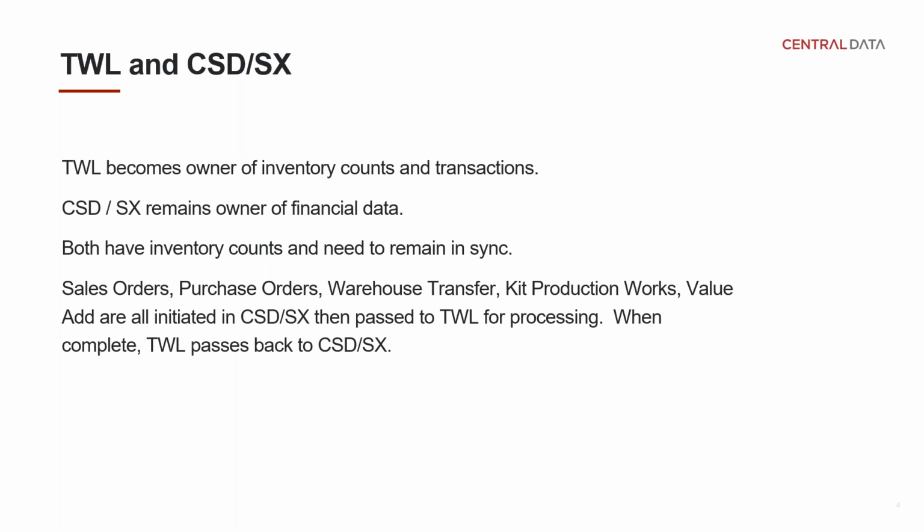And then in your receiving warehouse, if that's TWL also, TWL kind of owns that transfer until it's received, completed, and then it passes that back up to SX and is received there. So that's kind of the interface on a high level and who owns what with TWL and CSD.